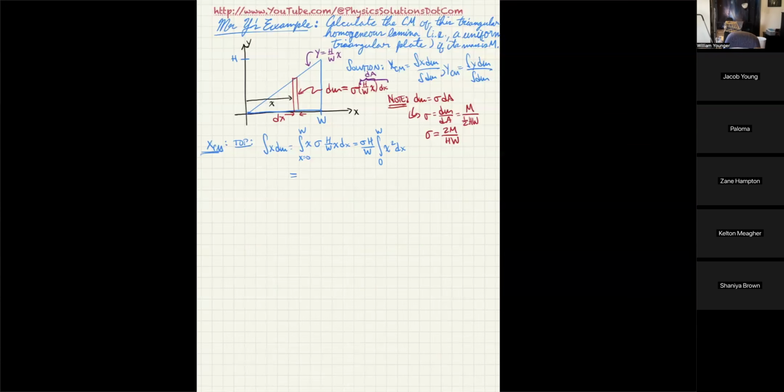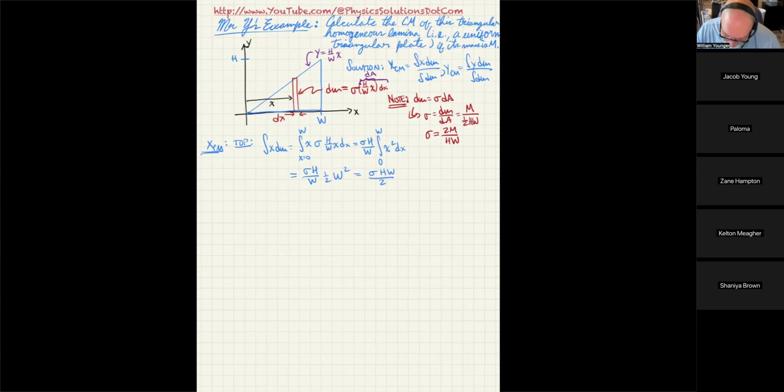So we're going to get sigma h over w times 1 half w squared, because when we evaluate it at 0, you get 0. So now we can see that the top is going to be sigma hw over 2, because the w and the w squared in the top canceled out the w in the bottom, so I just have sigma hw over 2.